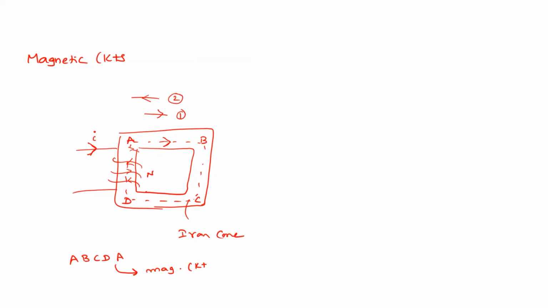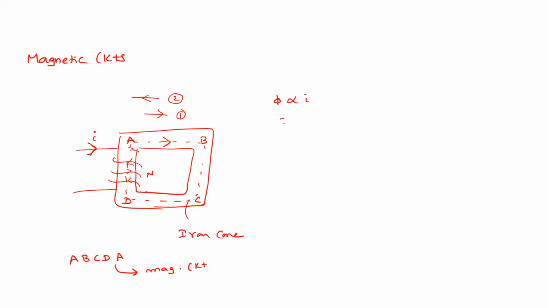So this induced flux depends on what different parameters? Current, sir. Number of turns also. So phi is proportional to the current I, and phi is also proportional to the number of turns.